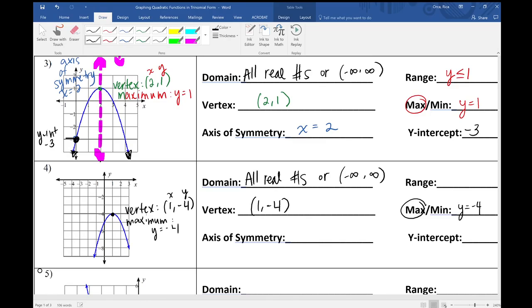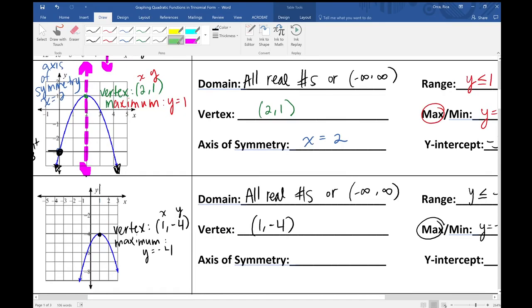Hence, our range is y is less than or equal to -4. Our axis of symmetry is at x = 1. And our y-intercept looks like it's at -5.